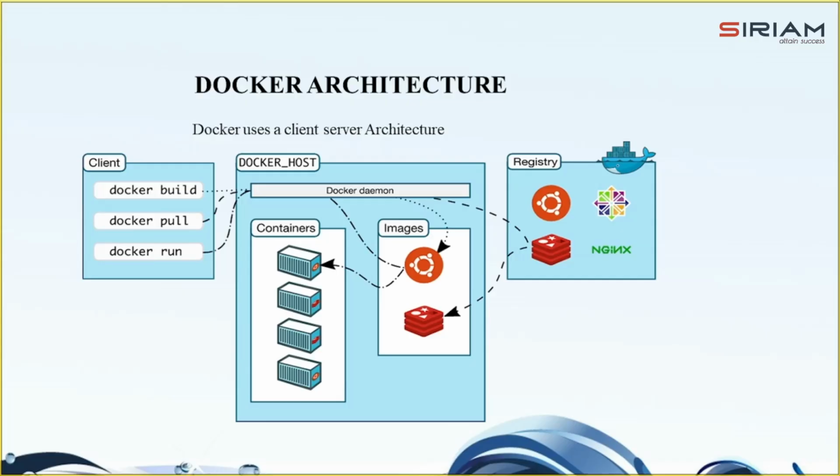So usually Docker uses a client-server architecture. The Docker client talks to the Docker daemon, which does the heavy lifting of building, running and distributing your Docker containers. Right? So the Docker client and Docker daemon can run on the same system, or you can connect a Docker client to a remote Docker daemon.